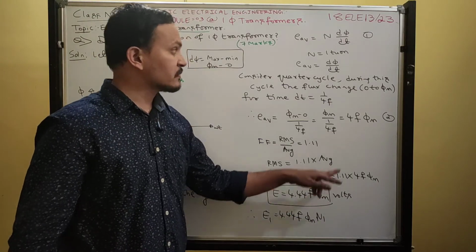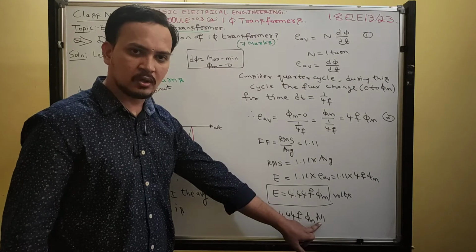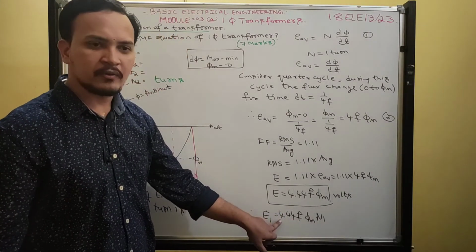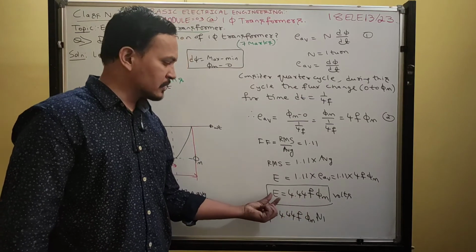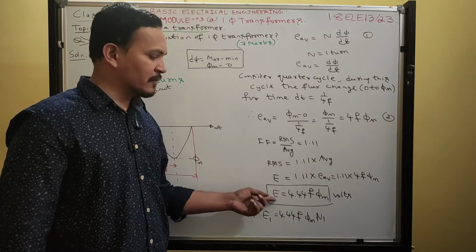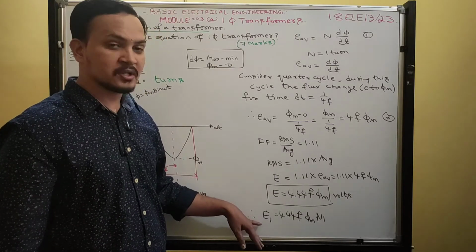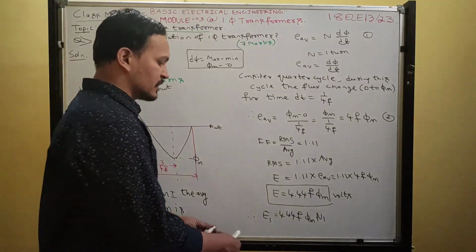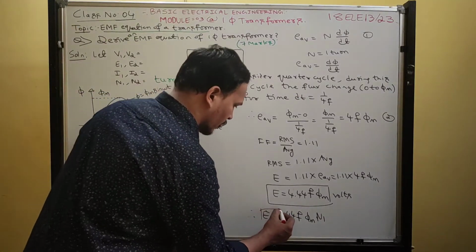Now, how many turns have we taken? N is equal to 1 turn. If I take N is equal to 1 turn, you will get 4.44 f pi m, the same equation. But this is the default equation. It may be for either primary or secondary. But what I have written is the equation only for primary. So E1 is equal to 4.44 f pi m N1 volts.